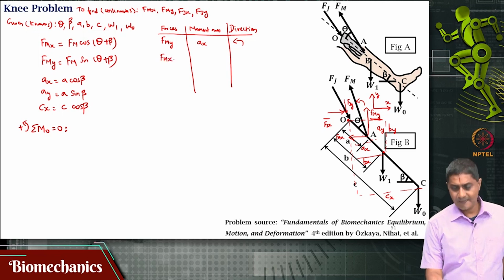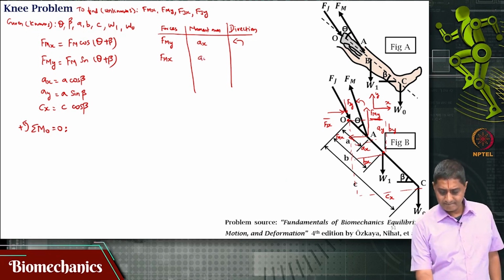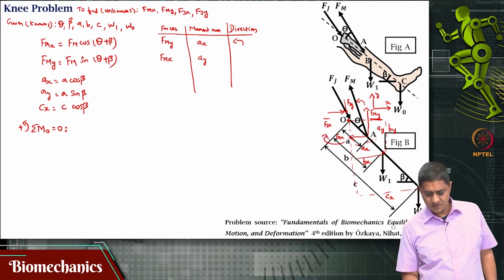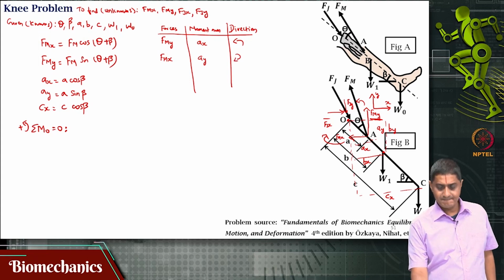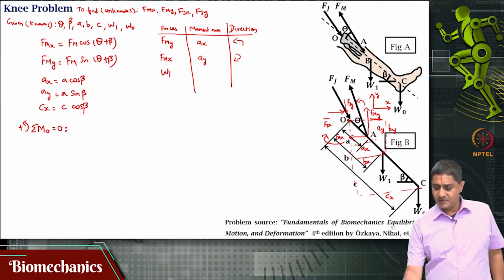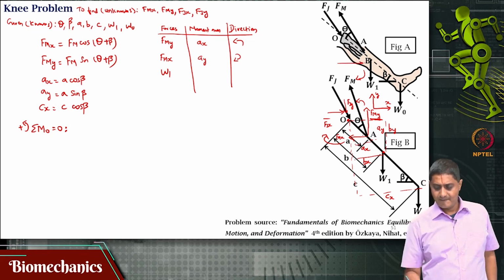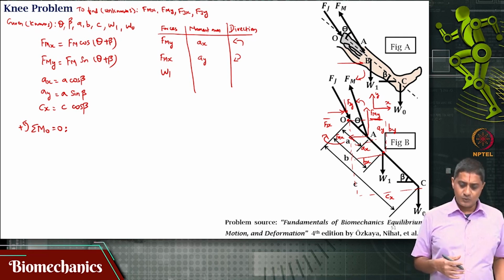Fmx can cause a moment and its moment arm is Ay, that has a tendency to cause a clockwise moment. W1 can cause a moment in the clockwise direction.